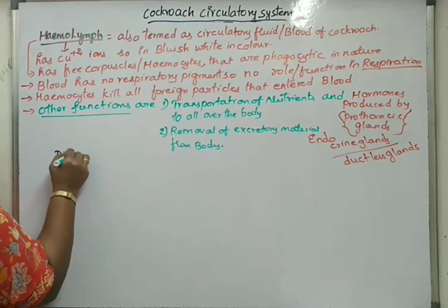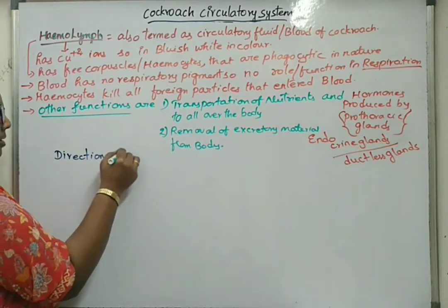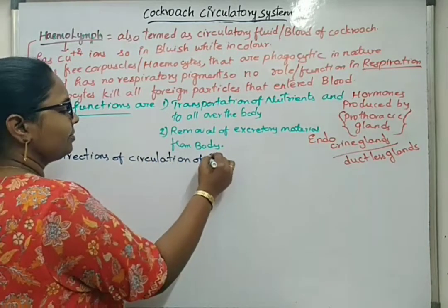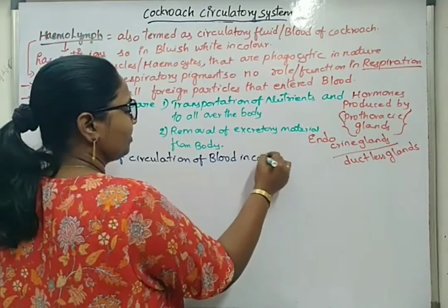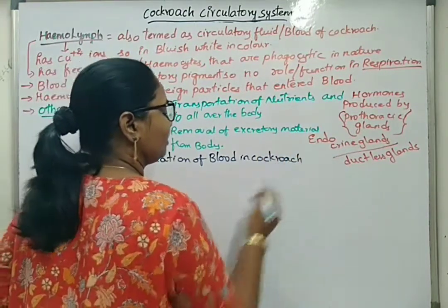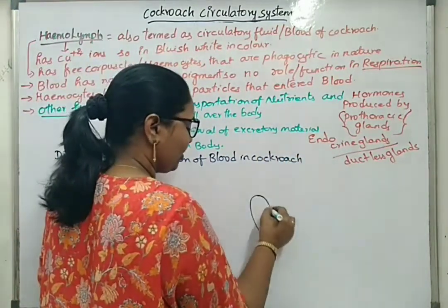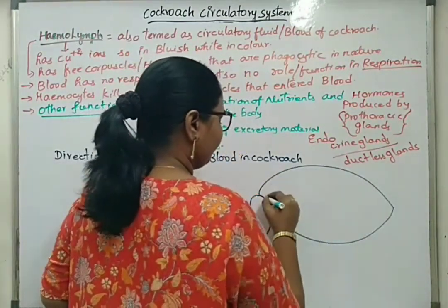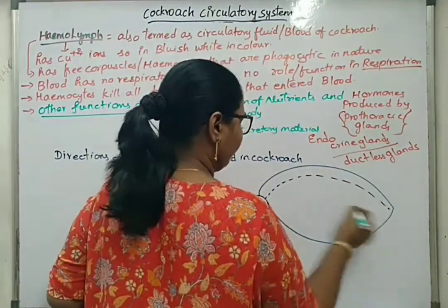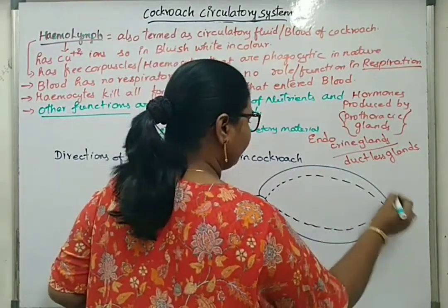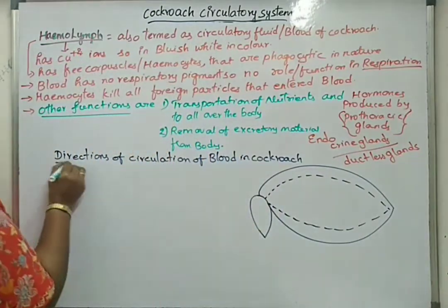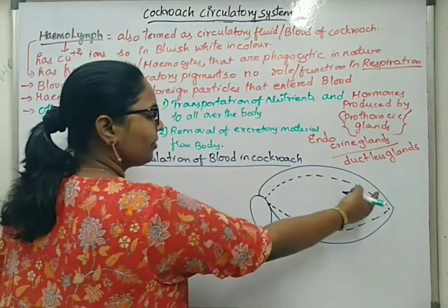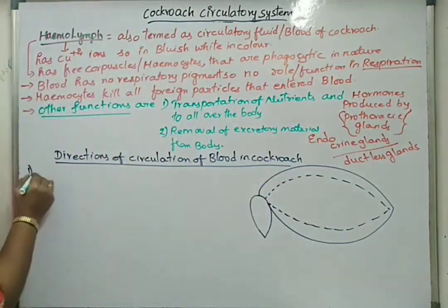So directions of circulation of blood in cockroach. Again we will give a small diagram. So first one, blood is flown from the posterior region to the anterior region.